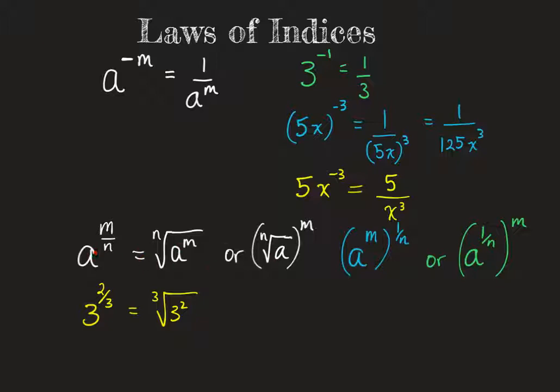Now, this rule gets used a lot when we get to calculus because we like this form for calculus, but we do not like this form for calculus, okay? So it does get used a lot for interchanging one form of algebra into another.